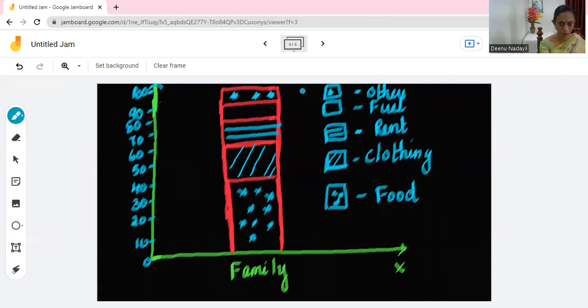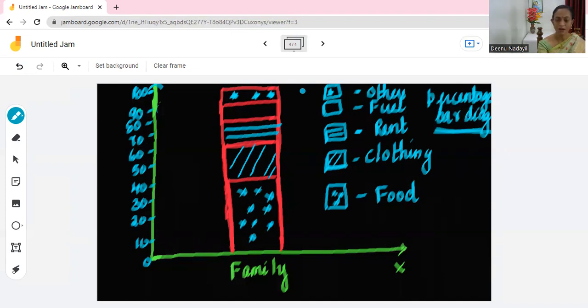You have to write on the top, percentage bar diagram representing the expenditure of a family. See the question and write the title.